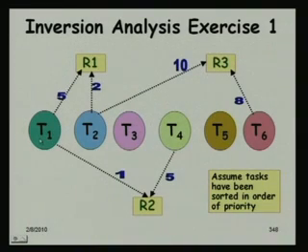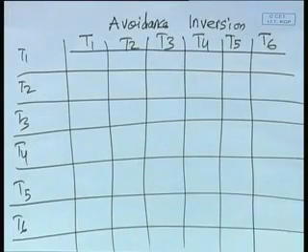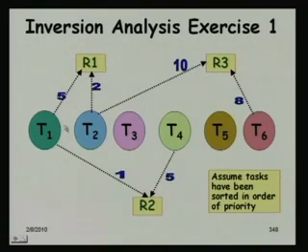In avoidance inversion, remember that the CSC is set to a priority equal to or higher than the task and it cannot execute. So T1 can undergo due to T4. If T4 is holding R2, the CSC is set to 1, and then T1 cannot acquire R1. So, T1 can undergo avoidance inversion due to T4 for 5.